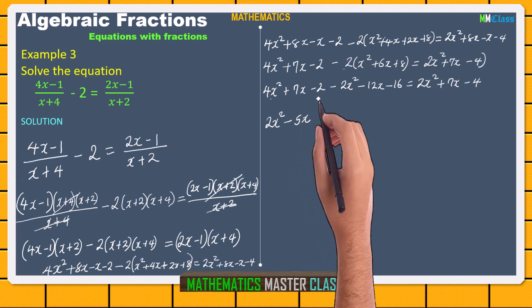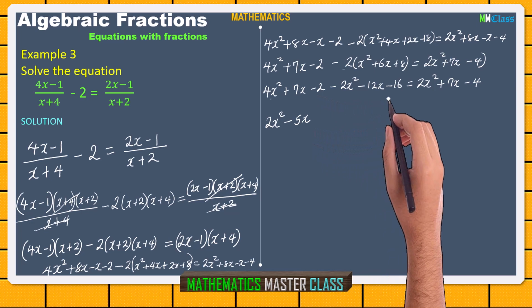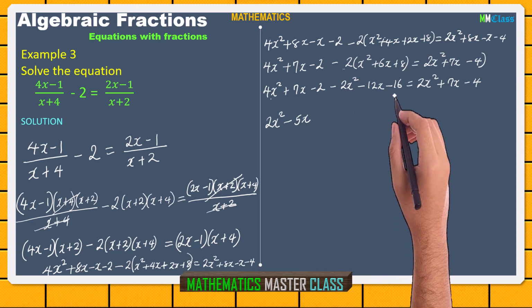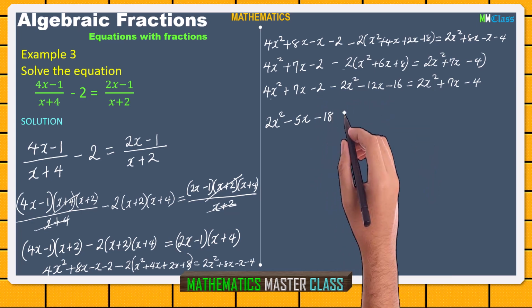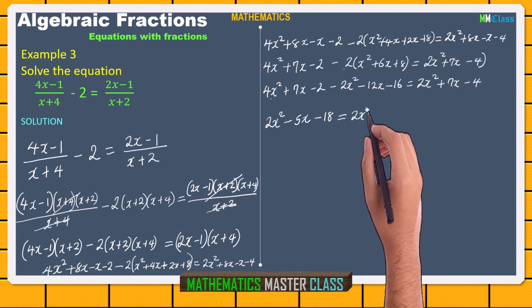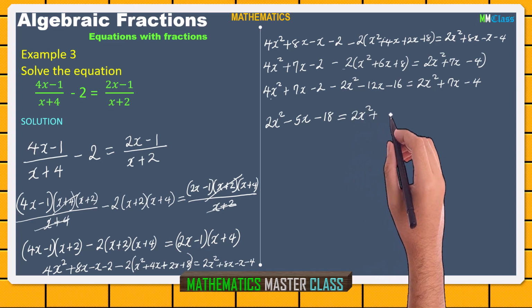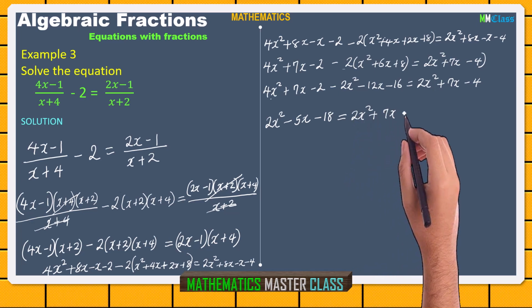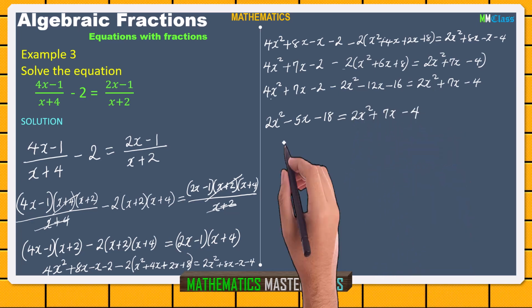Then minus 2 minus 16 will give us minus 18. So this will be equal to 2x squared plus 7x minus 4.